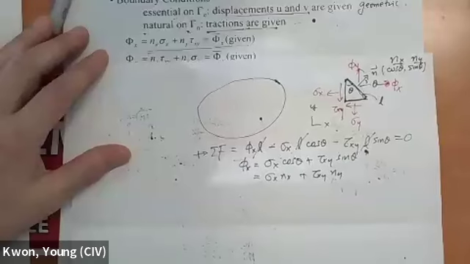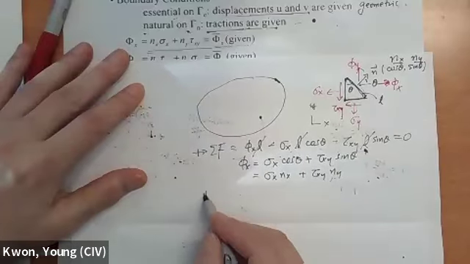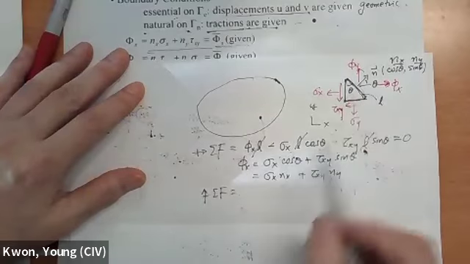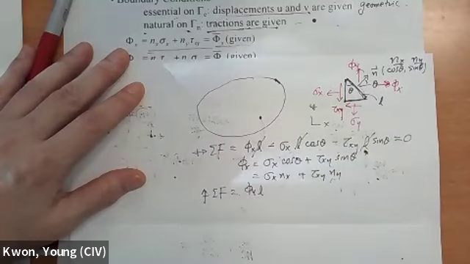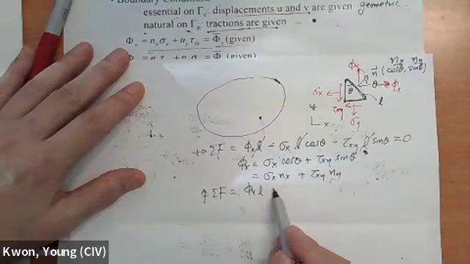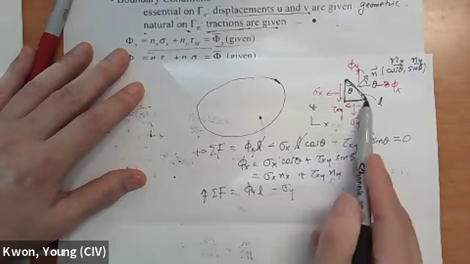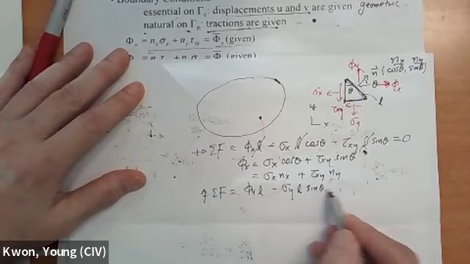Right? Then if I do one more thing, summation of force in the vertical direction, then likewise, Py times L, that's going to be the traction in the vertical direction force, and sigma y times, this is going to be L sine theta, right?